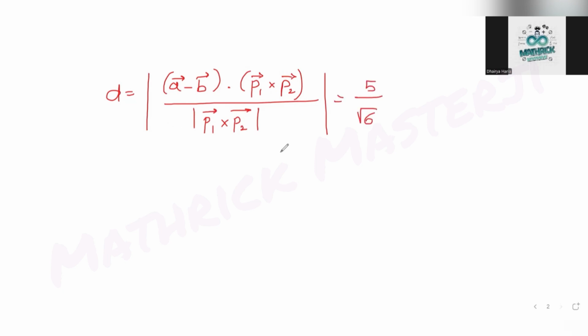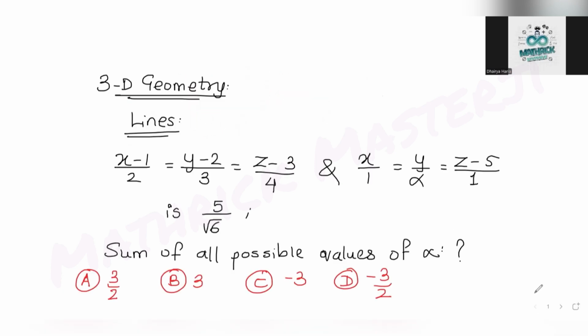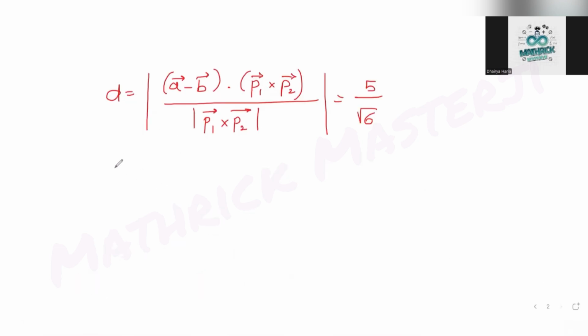Let's figure out A minus B, and also the cross product of P1 and P2. First, to get my vectors A and B, I compare with (x minus x1) over a, (y minus y1) over b, and (z minus z1) over c. So x1, y1, z1 becomes my first vector A for the first line.